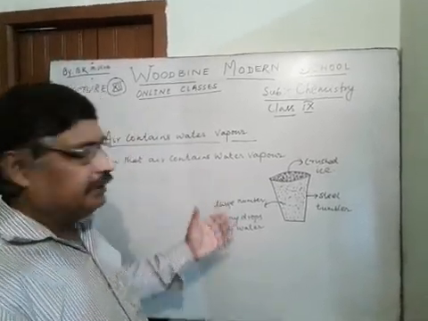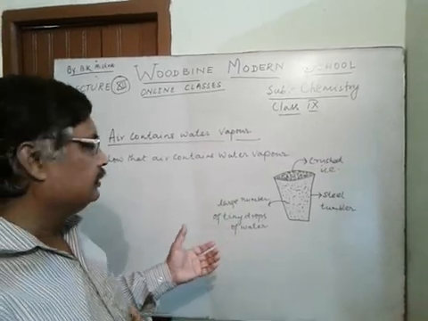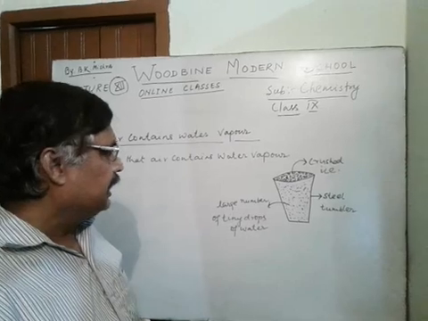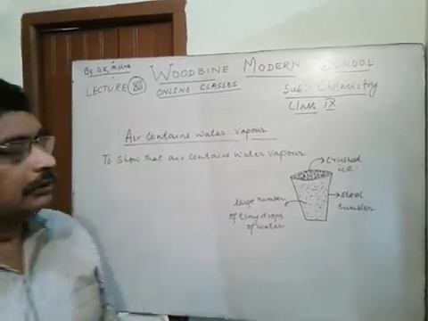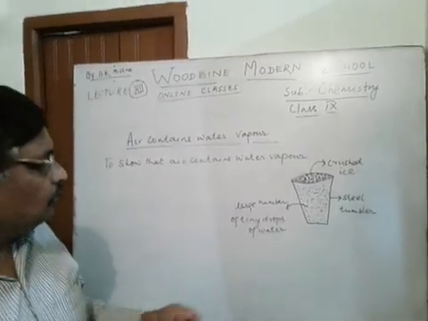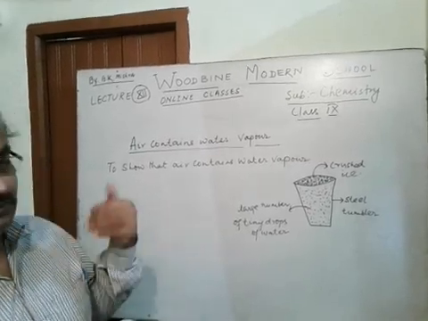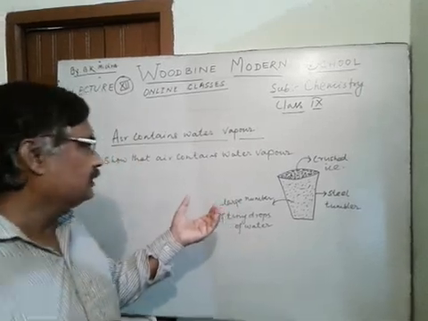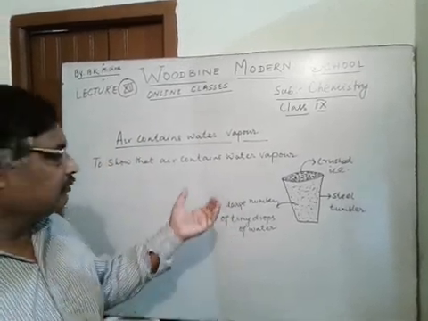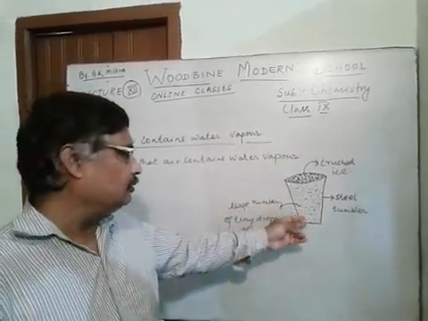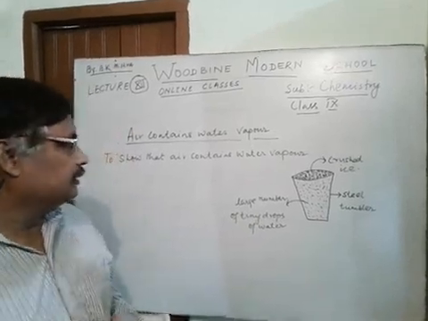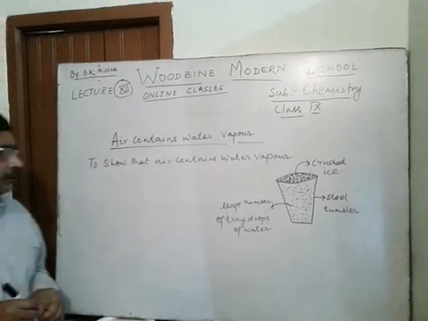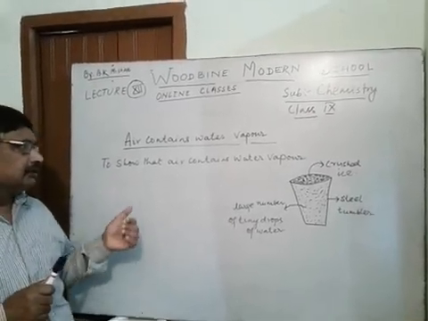The air containing water vapor comes in contact with the steel tumbler and gets cooled. Now after cooling, what happens? The process of condensation takes place and the gaseous state of water, that is water vapor, converts itself into tiny droplets of water. Therefore, we can show by this experiment that air contains water vapor.